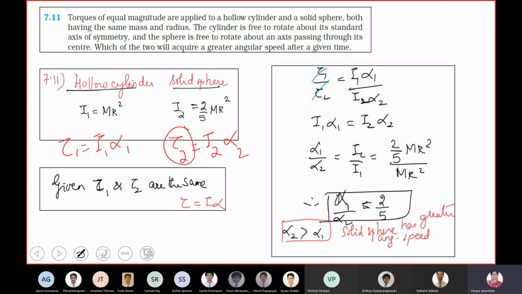What is being given? Tau 1 and tau 2 are the same. So equate them, and get an expression for alpha 1 by alpha 2.